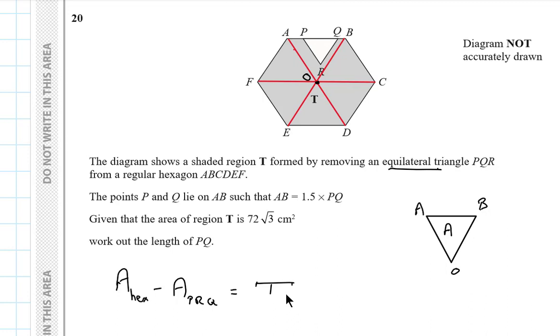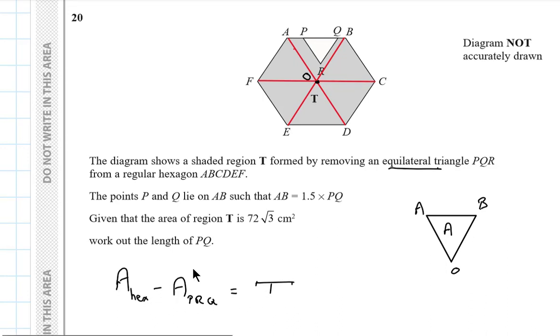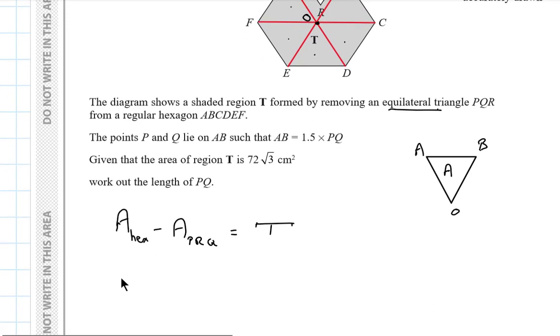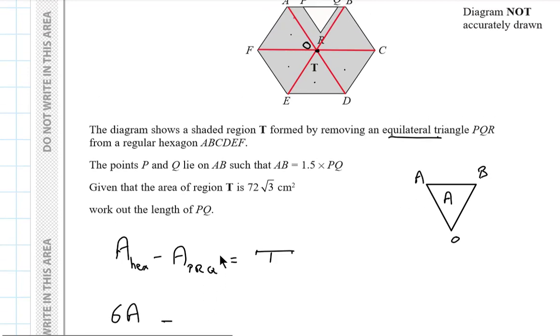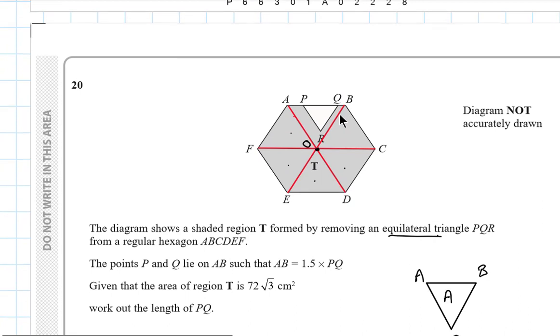This will give us the area T. What about the area of the hexagon? It will be 6 times the area of this triangle, 6A, minus the area of triangle PRQ.